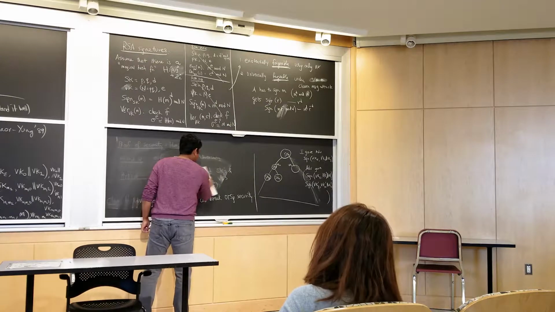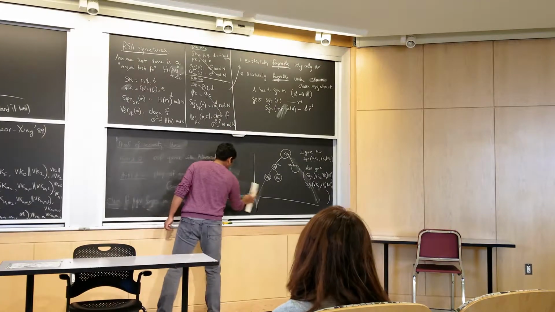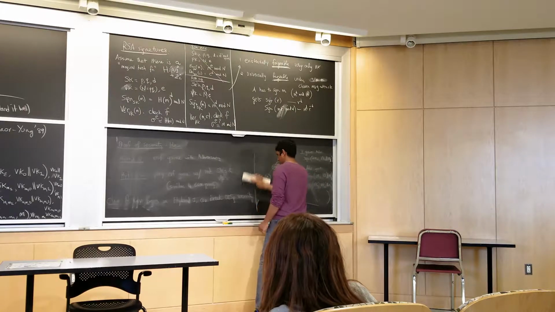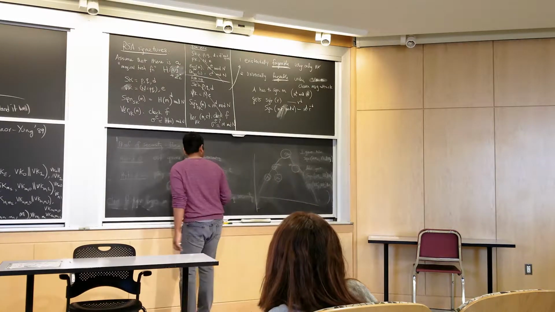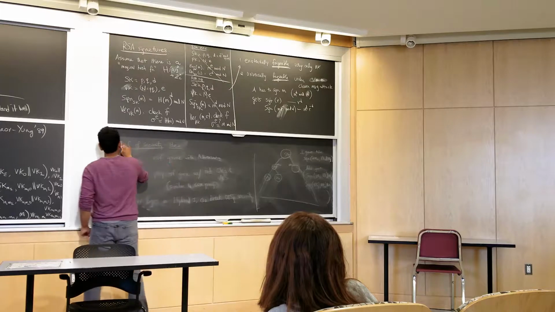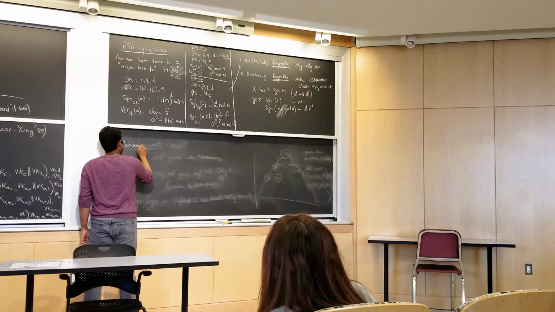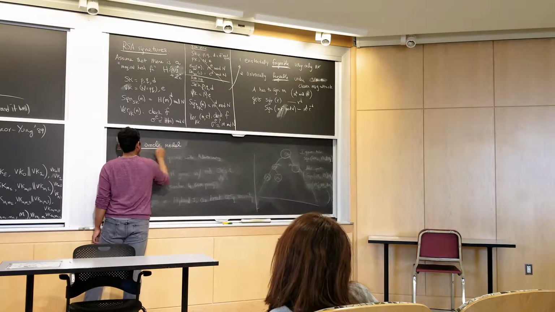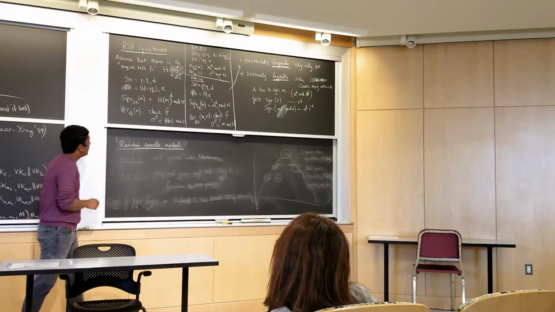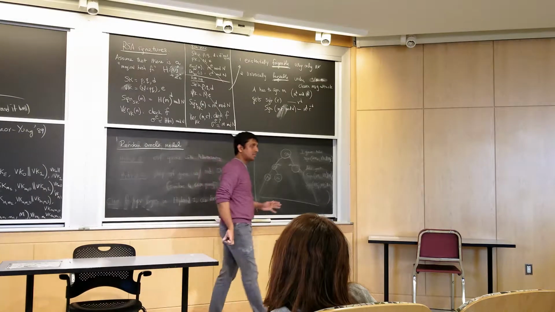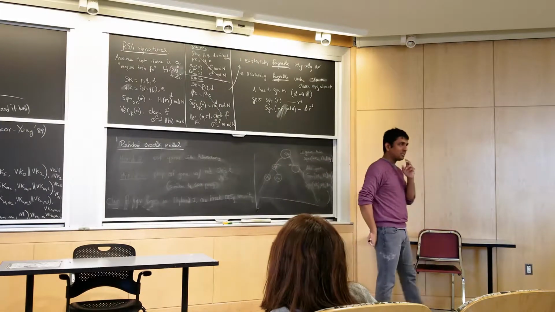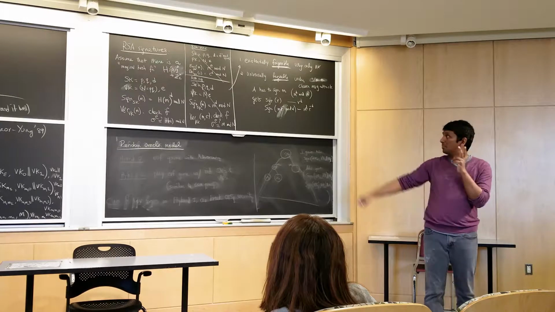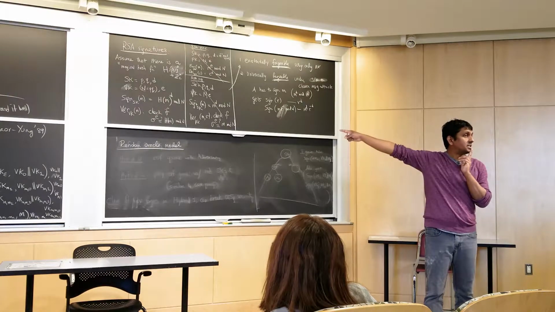And then cryptographers invented a compromise, which is called the random oracle model. Before I tell you what the random oracle model is, let me tell you the paradigm for how people use this signature scheme.